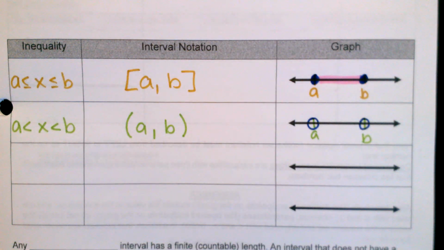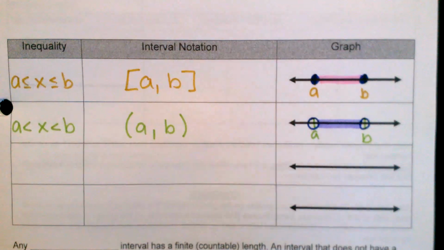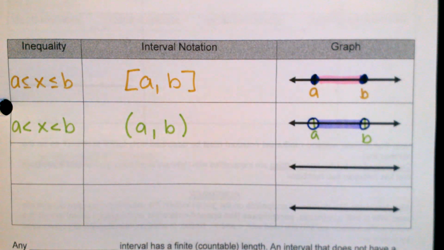And I'm going to highlight in between. In between those two values are all of my possibilities for my X. Does that make sense? Okay.